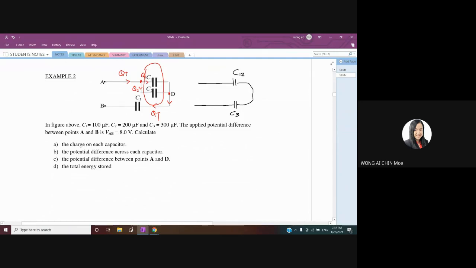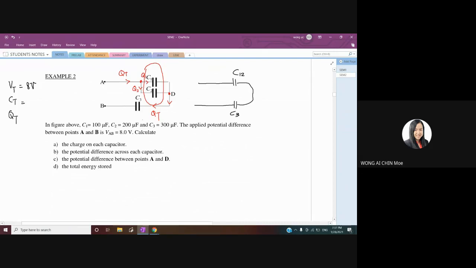Everything must be calculated. As I mentioned, every time you want to do this type of question, you must find V total, C total, Q total. V total is the power supply, 8 volt. C total we find now.